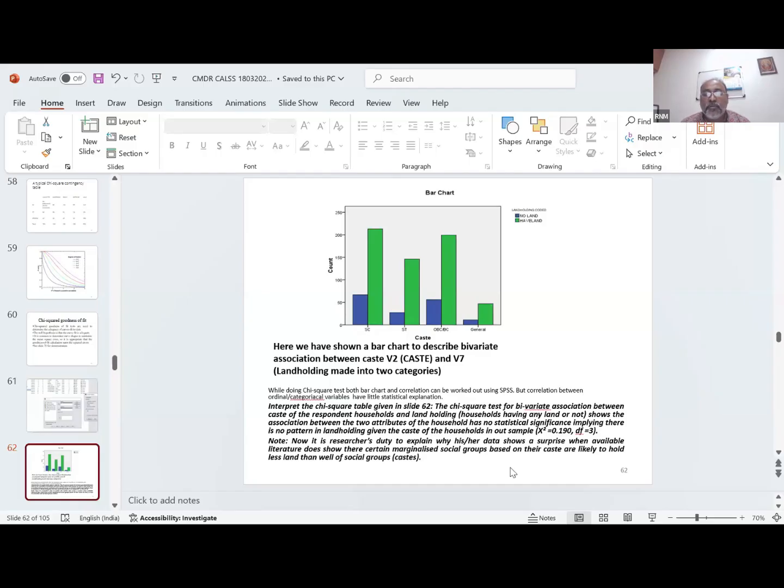When you present this kind of finding, people will say something has gone wrong. Not necessarily. If you have understood your study area and followed a proper way of data collection, these kinds of figures, given the changing nature of social transformation, where migration plays a very important role and people shift to new occupations by leaving their ancestral properties, which is very common in certain parts of the country, will always hold good.